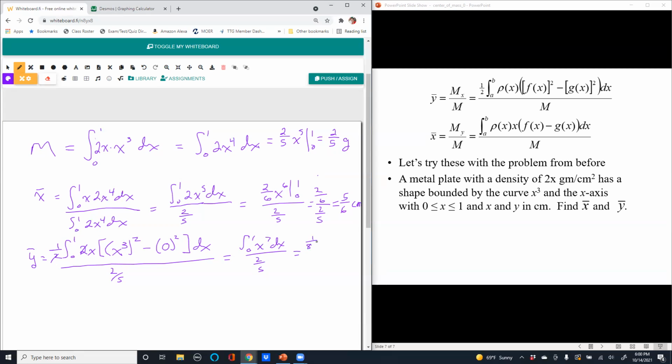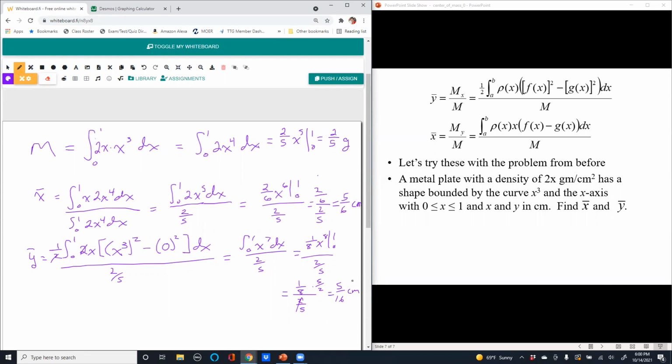We have 1/8 x to the 8th from 0 to 1 over 2/5. So 1/8 over 2/5. Once again, we flip and multiply. And we get 5/16. And again, centimeters.